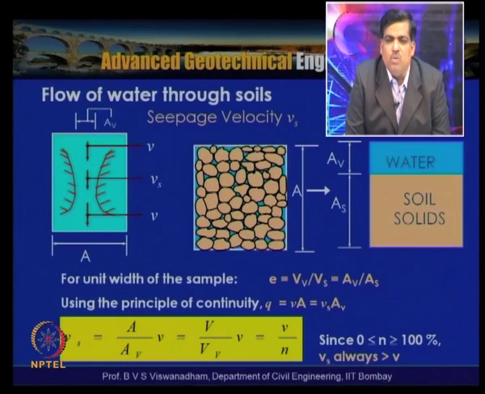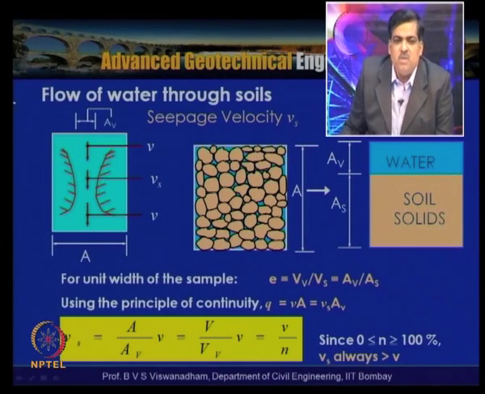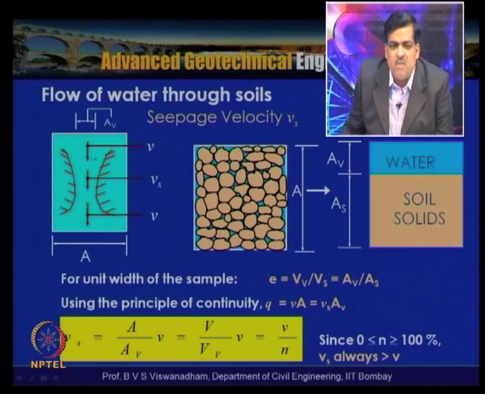And for a unit width of the sample, if you take the void ratio, which is nothing but the volume of voids to the volume of solids, we can write it as Av by As. Using the principle of continuity, Q is equal to V into A. In this continuity equation, V is the velocity and the area available is A, and when it comes to Vs, the width got reduced, so Q is Vs into Av.